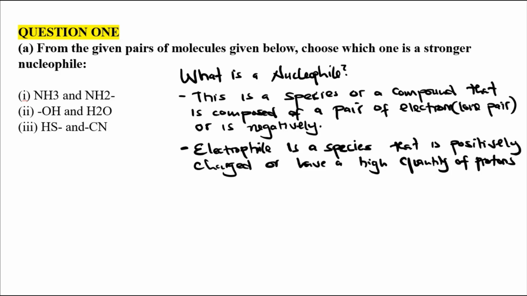So a nucleophile will always attack an electrophile, and an electrophile will always be seeking for negative charge because these two are of different charges.